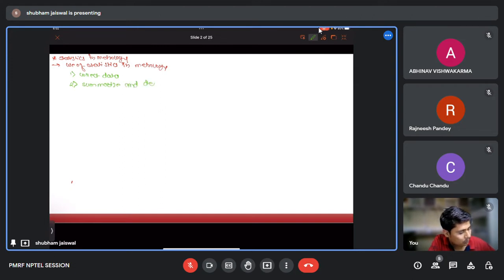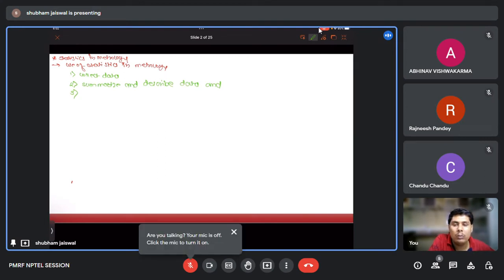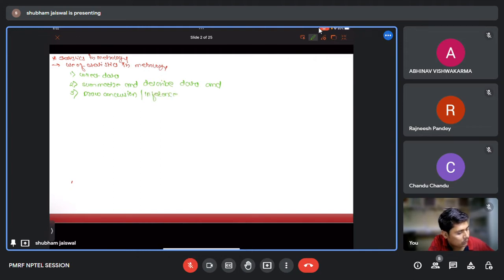And after summarization and description of data, we draw conclusions or inferences based on the data that we have. Okay. So we have in the introduction part of the statistics.